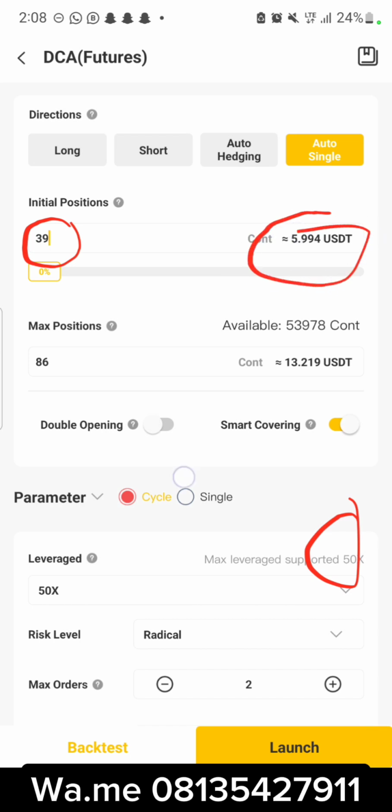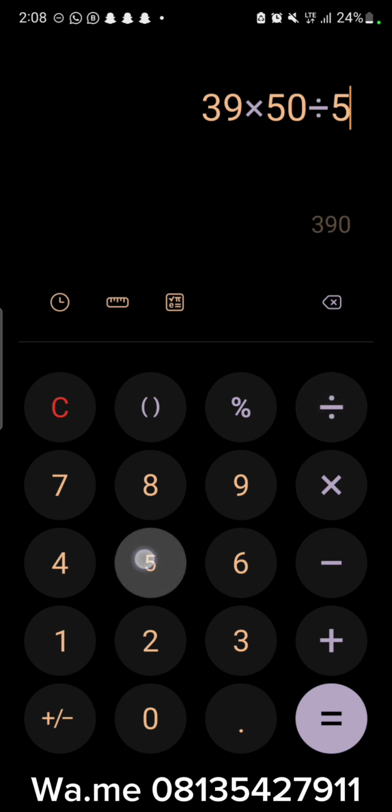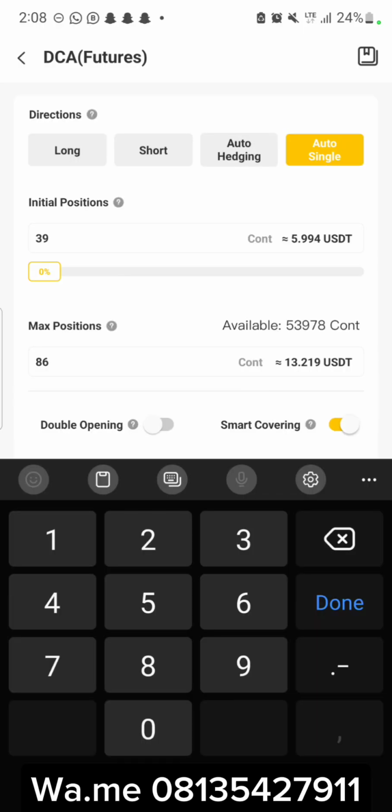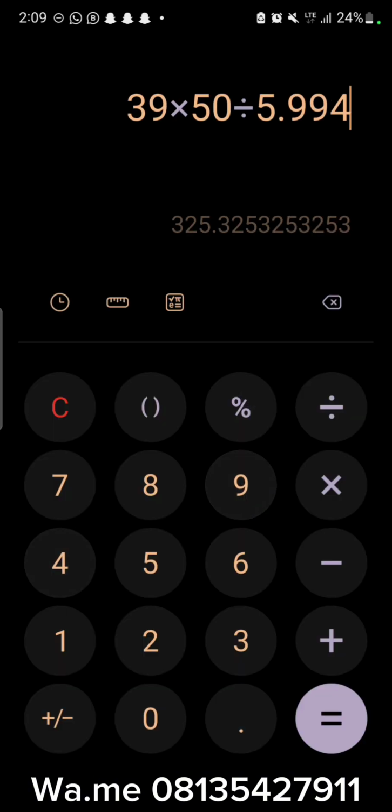All right, let's do it now. Initial position is 39 times leverage, which is 50, divided by 5.994. Okay, we got what?